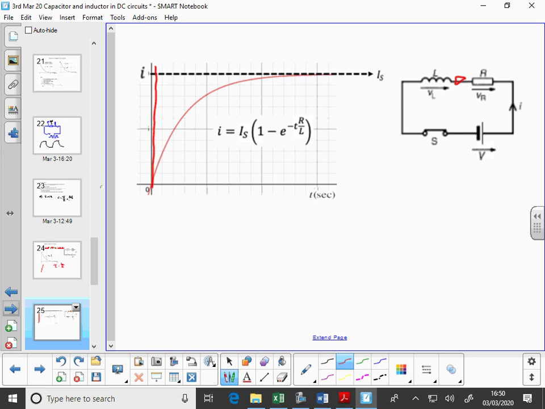So in the case of our example, if we're 10 volts and 10 ohms, it gives an exponential rise to a limit of 1 amp. Yeah? All get that? And I'm sure you know how to use that formula, exponential rise to a limit. No dissenting voices?